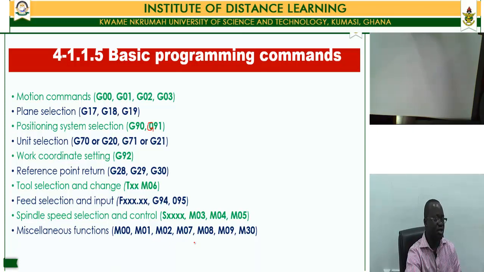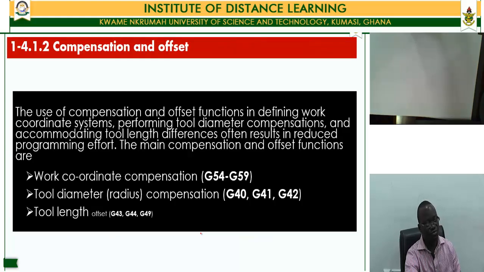Okay. Then we have what we call the spindle speed selection. That is, if you want to issue a command to turn the spindle on, once you issue that command, you have to show what the speed should be, which you will put as S, and then the number that follows will be the speed in RPM.